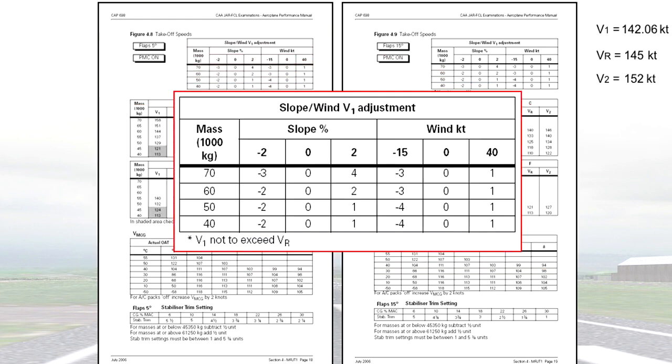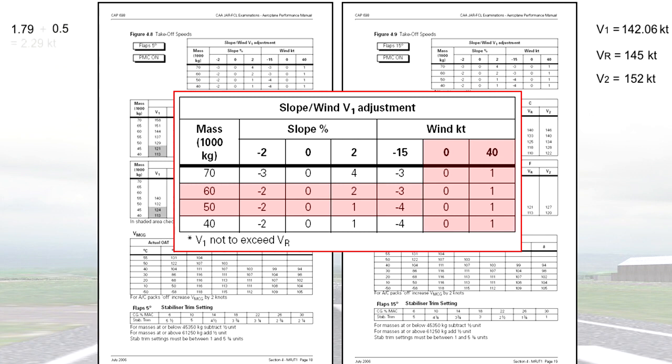However, V1 must be corrected for slope and wind as shown in the table at the top of the page. For a 2% upslope and a mass of 57,900 kilograms, V1 must be increased by 1.79 knots. For a 20-knot headwind, V1 must be increased by 0.5 of a knot.